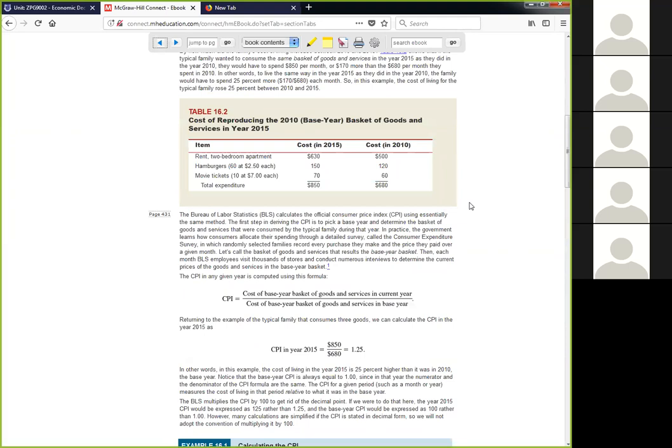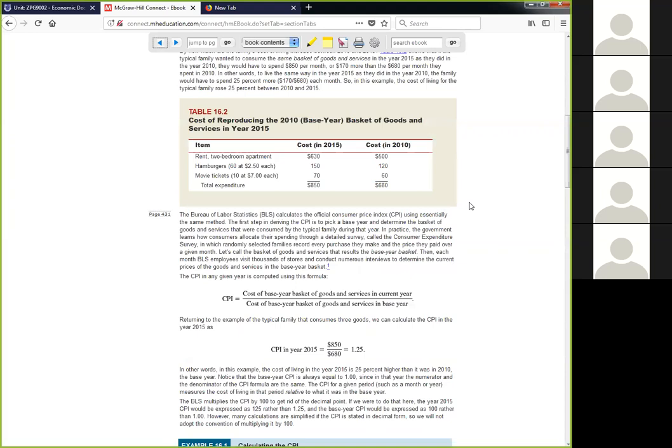Now, if you want to calculate if 2015 costs more than 2010, all you do is take the price in 2010. The cost in 2010 is 500, and you take the hamburgers, the cost in 2010, the movie tickets, the cost in 2010, and then you compare them with each other.